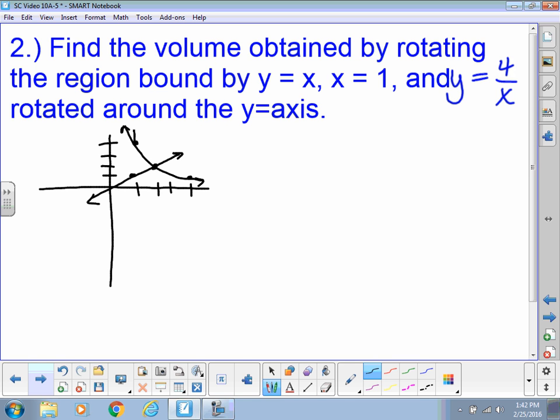And then we have x equals 1, so we have that as well. So this is our region here: our green curve, our blue y equals x, and then the red x equals 1.